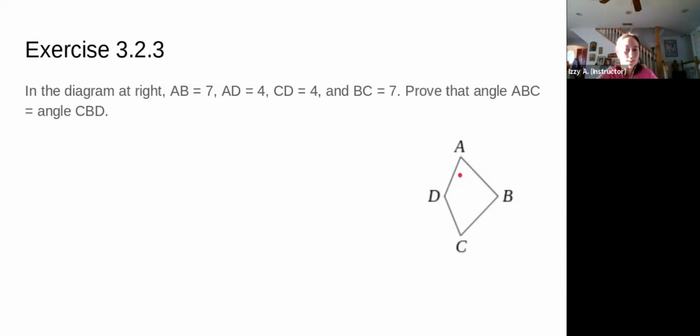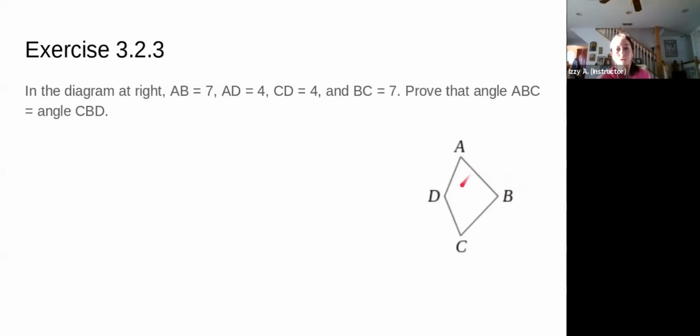We know that AD is equal to 4, and we also know that CD is equal to 4, which means that these sides are going to be the same measurement. We also know that AB is equal to 7 and BC is equal to 7, so these two sides are going to be the same measurement. And then BD, we know that BD is equal to itself. Therefore, we can prove that these two triangles that we formed by drawing BD are going to be congruent to each other.